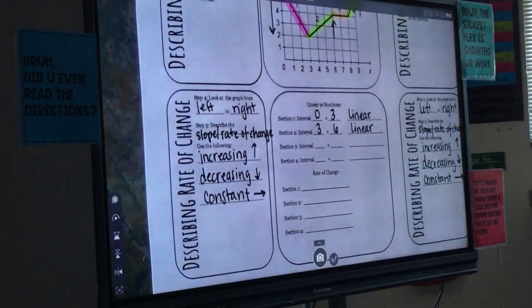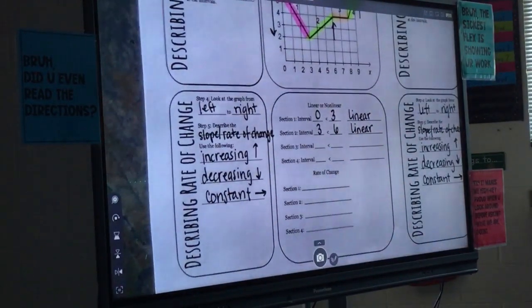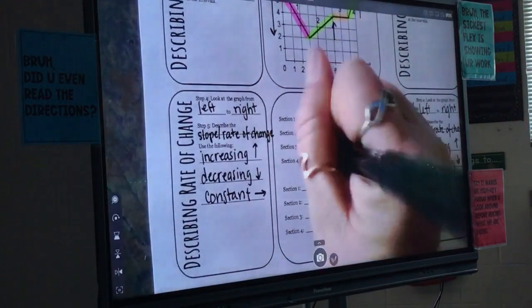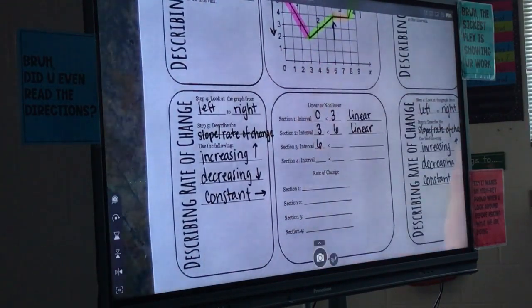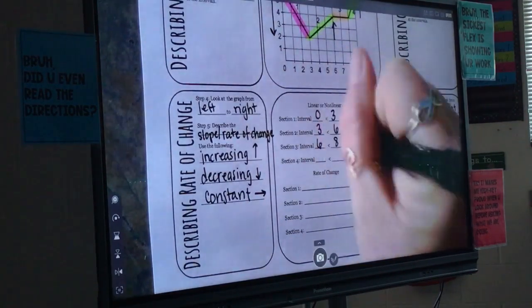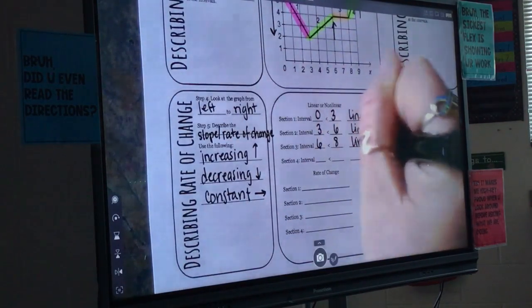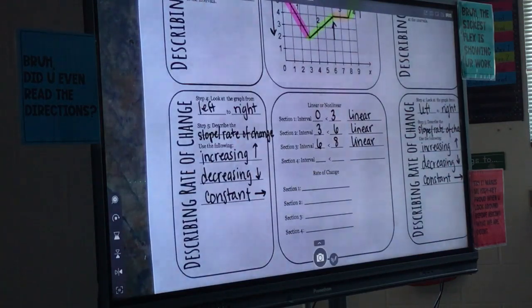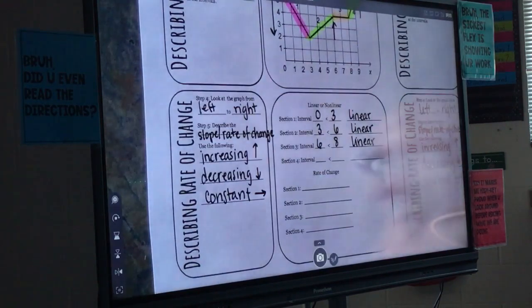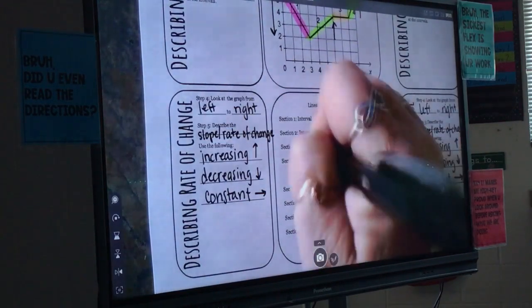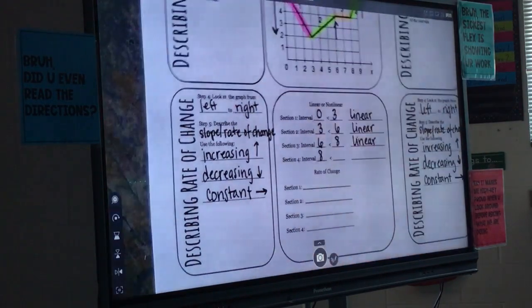Section 3 and 4. For section 3, you start at 6 and you end at 8. How do you know it's linear? This is a straight line. Okay. And in section 4, you start at 8.